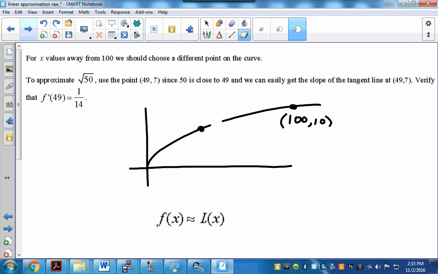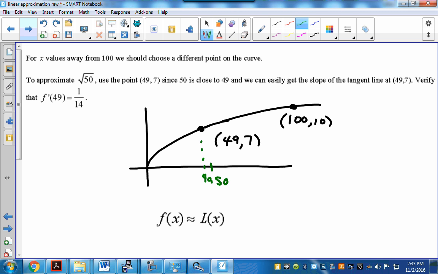Square root of 49 is 7. And what I want to do is draw a tangent line that's going to be close to the graph. If this is 49, I'm looking for the square root of 50. I'm looking for this dot right there. How high is that dot on the curve? And the tangent line that I had over here was really good for numbers near 100.